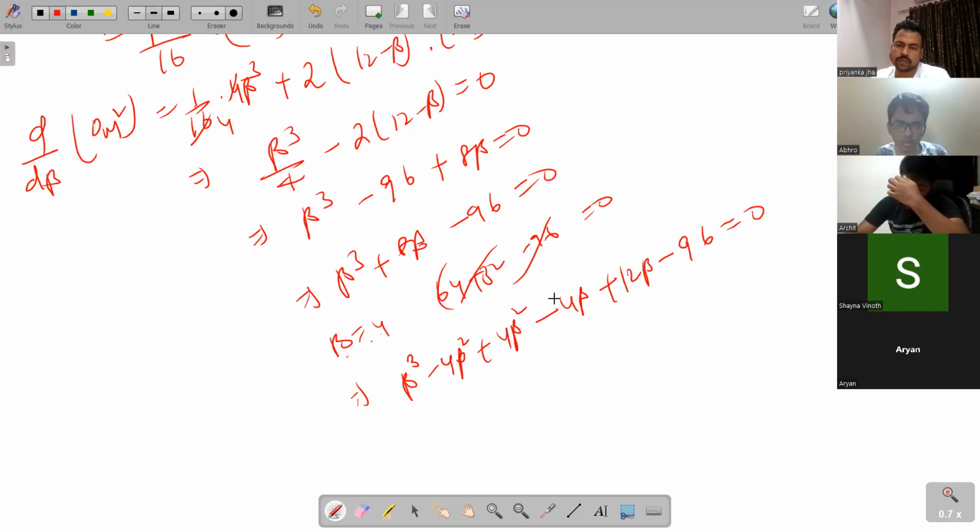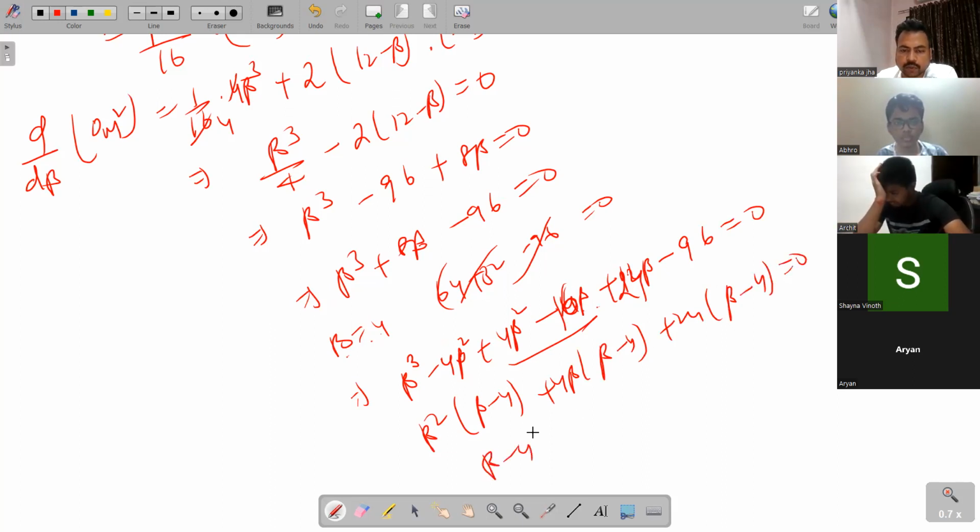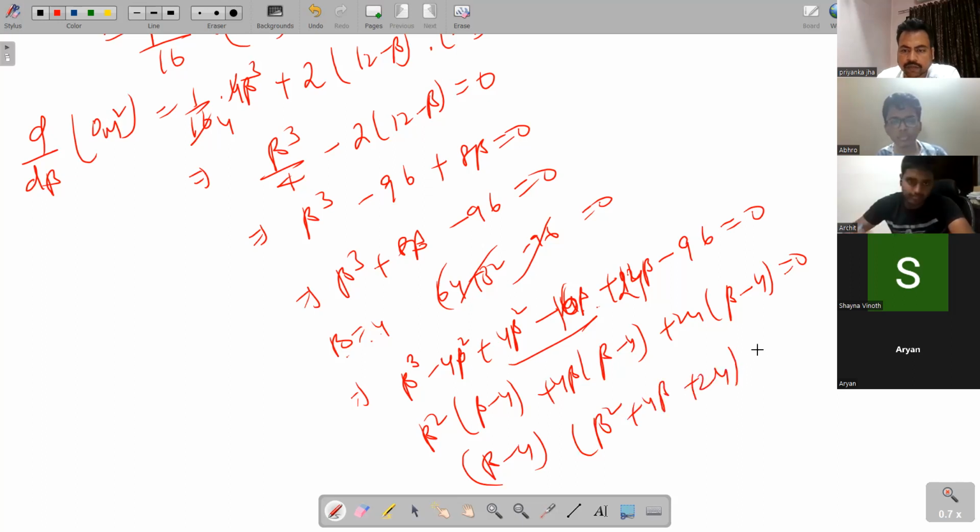Oh no, this is 16 and this is plus 24. Now take beta square common, so beta minus 4 here, 4 beta common. So beta minus 4 plus 24 beta minus 4. So beta minus 4 will come out and this is beta square plus 4 beta plus 24 equal to 0.